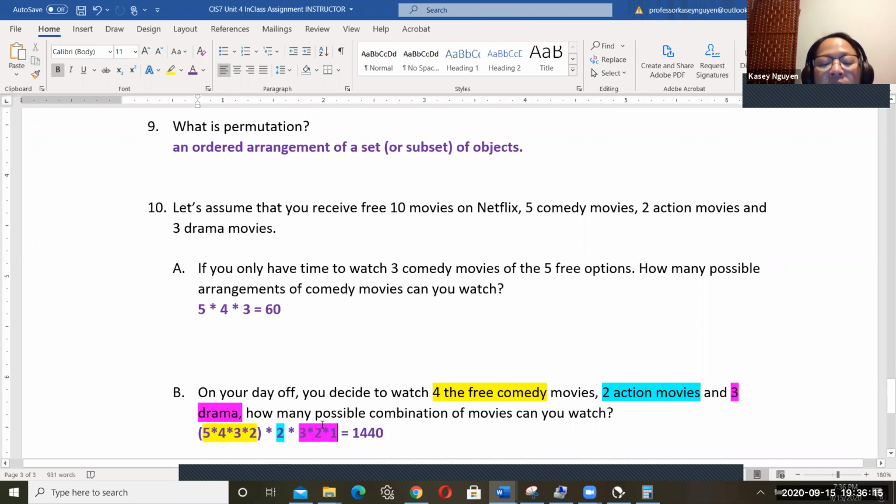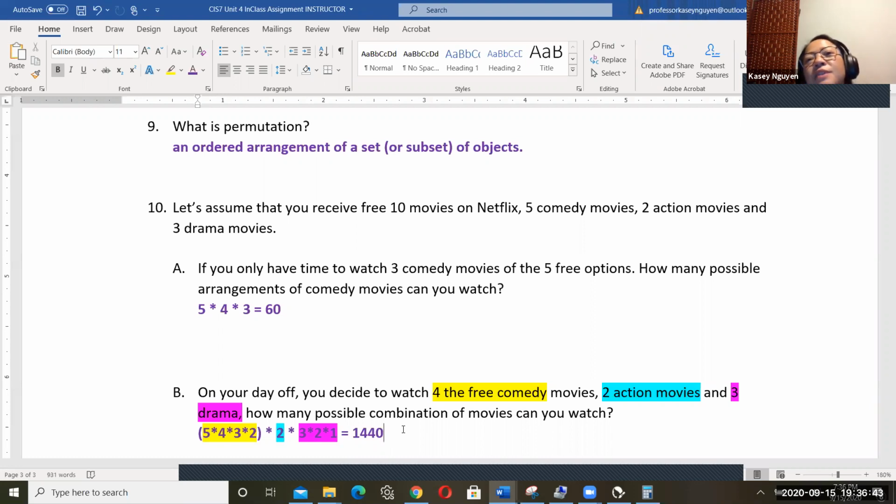So when you multiply everything together, you should get 1440. Okay, so that's the distinct ways of watching your comedy, action, and drama movies.